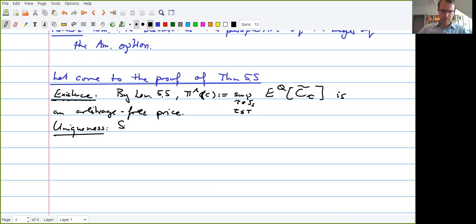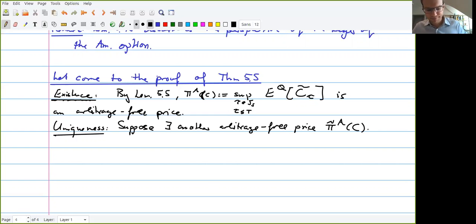We assume there's a second one, and then we show that they are equal. So suppose there exists another arbitrage-free price. Let's call it P tilde A of C.